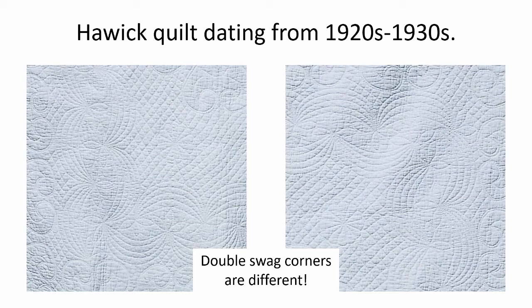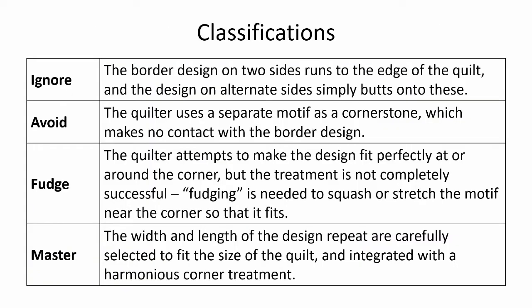And this intrigued me, and I started looking at other quilts to see how they had tackled the corners too. And I've come up with 4 categories which I now classify these corners: ignore, avoid, fudge and master.